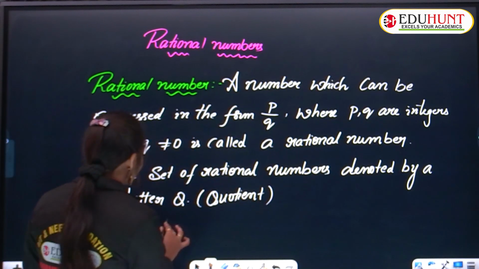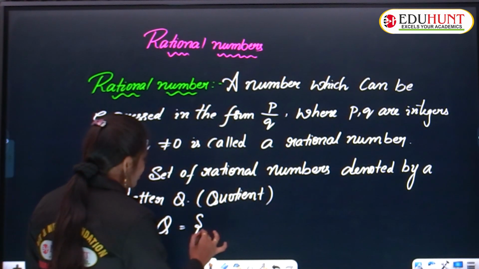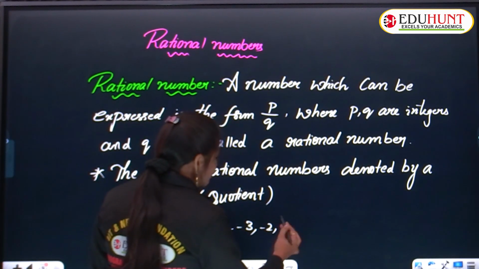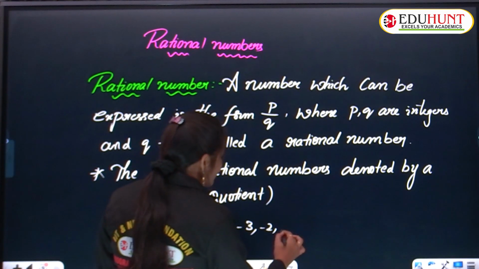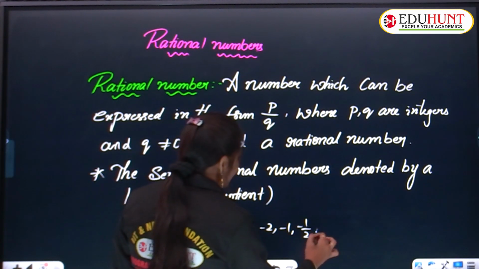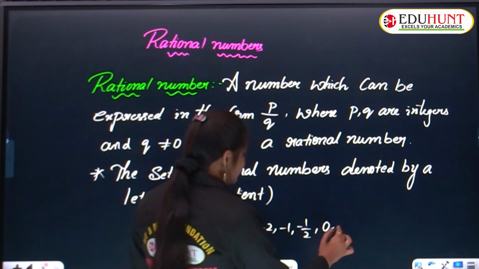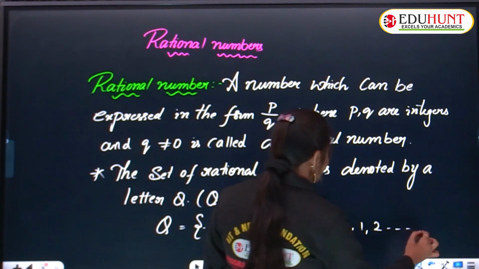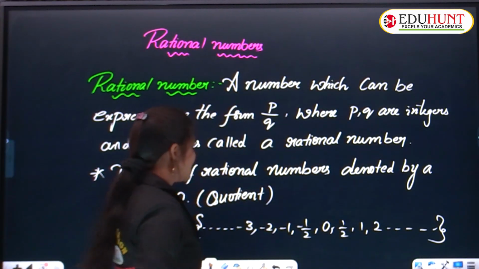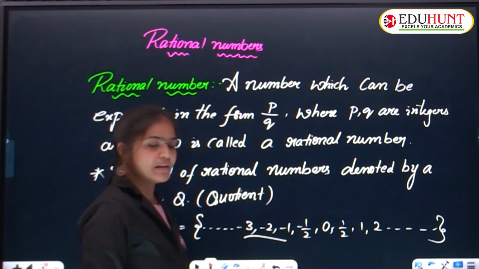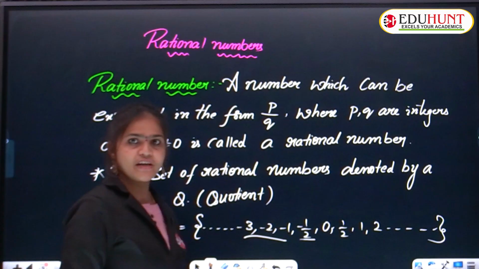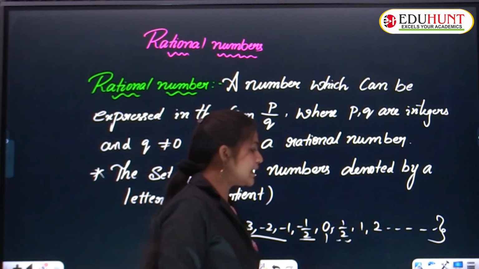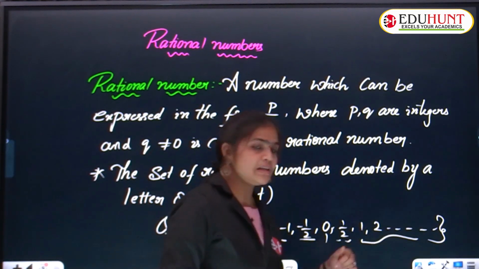Understood? Q is the set of numbers like: and so on, minus 3, minus 2, minus 1, minus 1 by 2, 0, 1 by 2, 1, 2 and so on. Like this we can observe negative numbers, negative fractions, 0, positive fractions, and positive natural numbers.